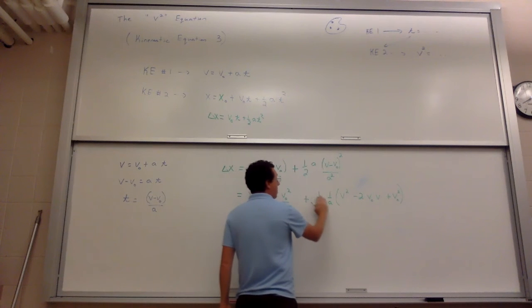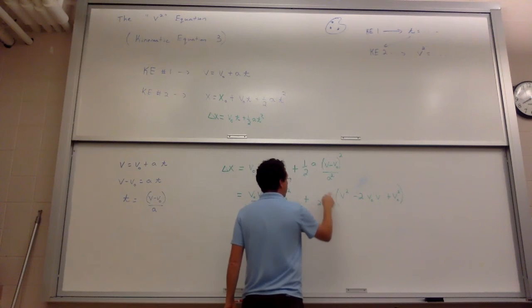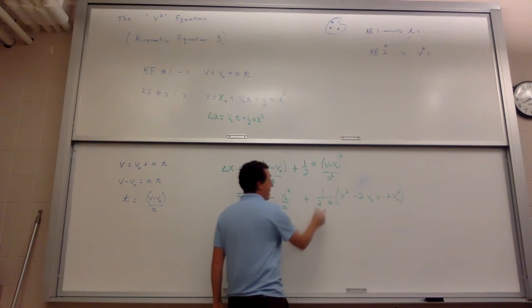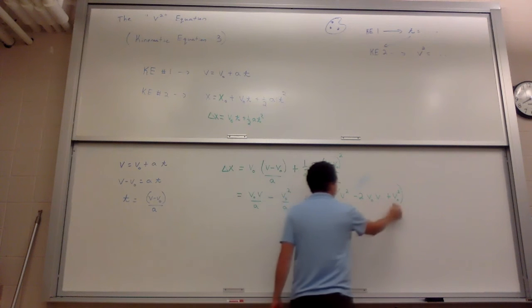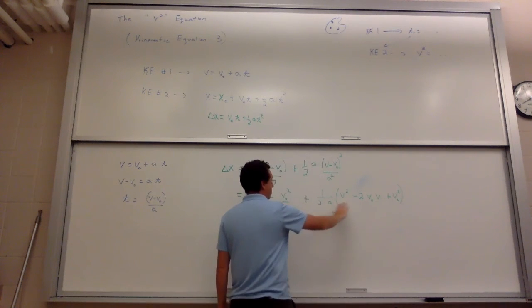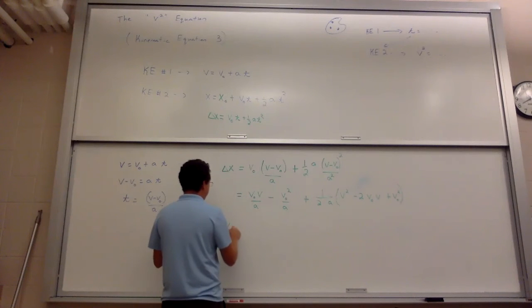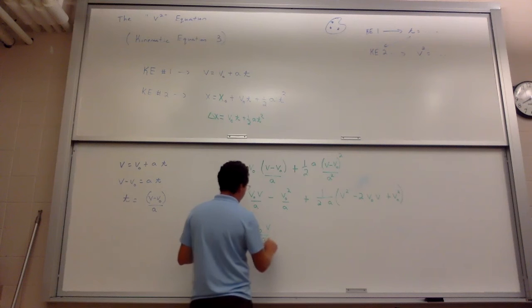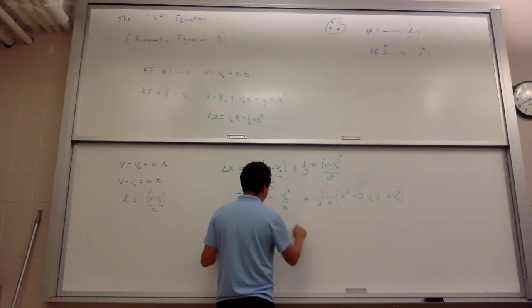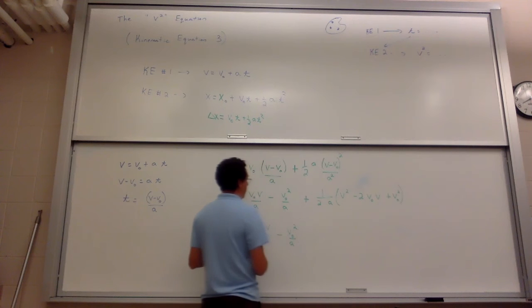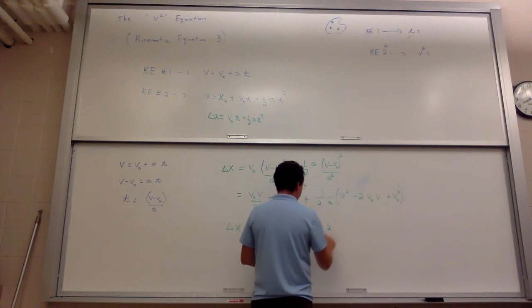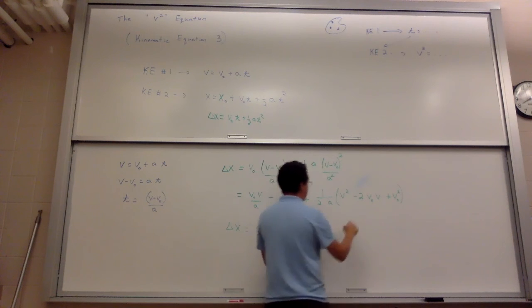Now, I can combine these into one fraction, 1 divided by 2A, and I can distribute that across to each one of these terms. So I'm going to do that. I'm going to have the delta x equals V initial V over A minus V initial squared over A plus V squared over 2A.